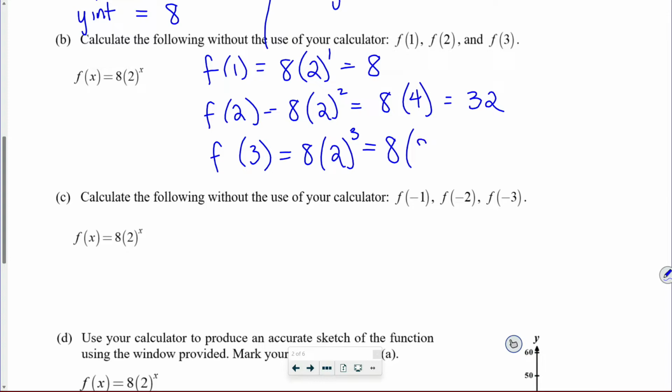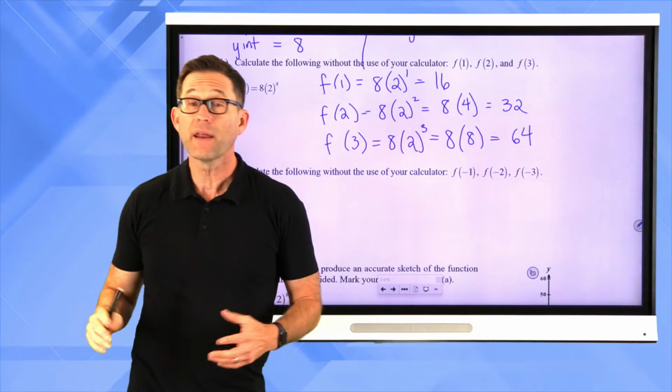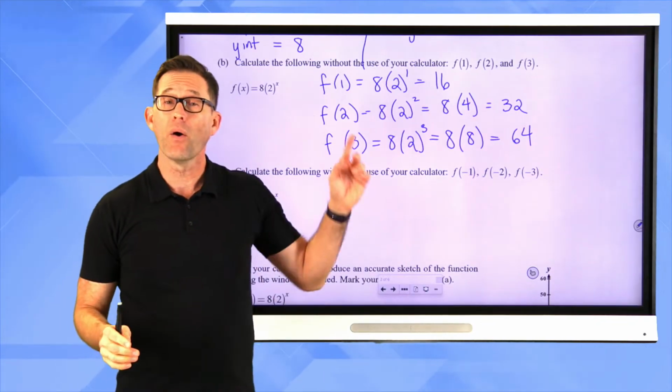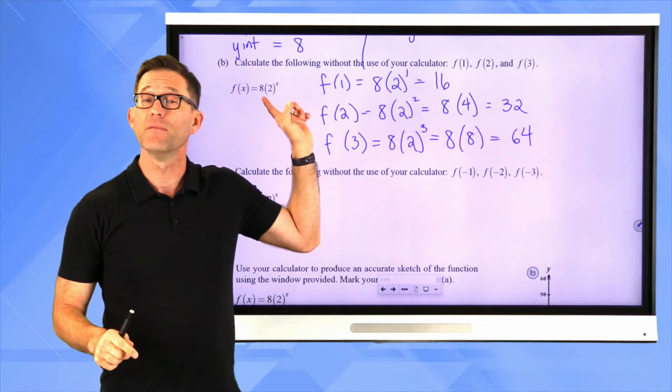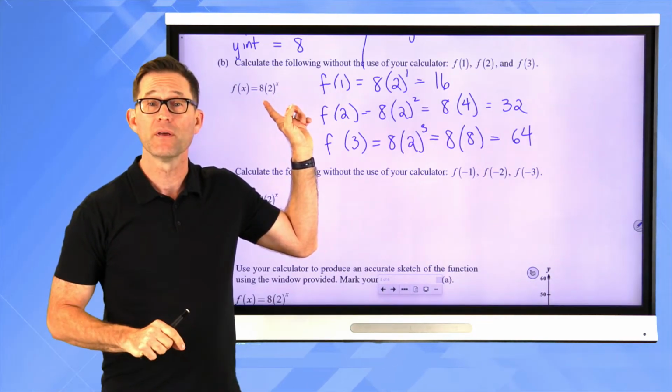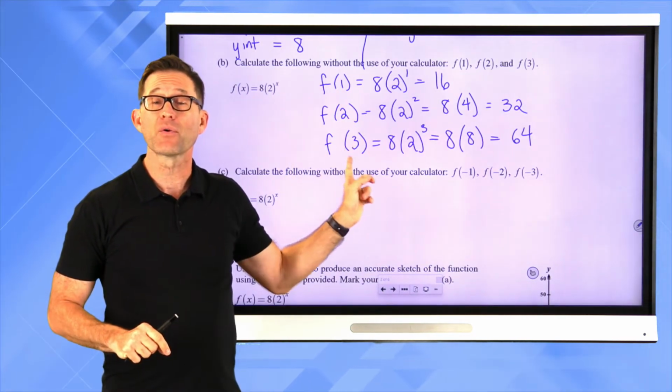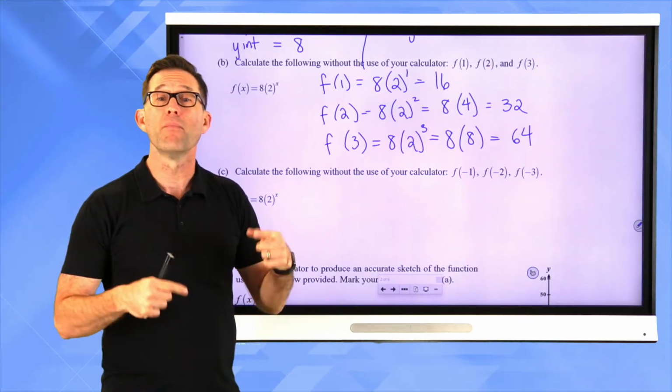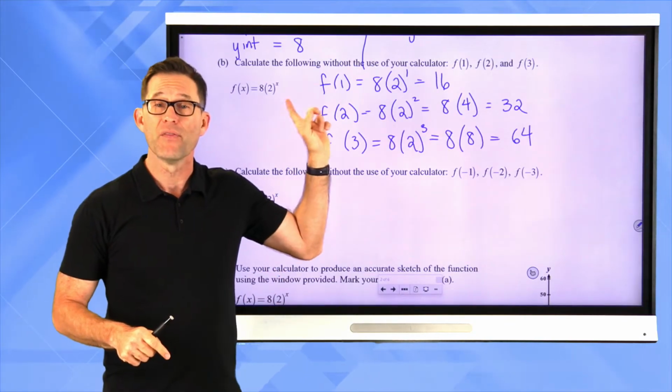That's 8 times 8, and that's 64. Whoops, and that shouldn't be 8, that should be 16. Something doesn't seem right here. Again, notice what I'm saying. We always are starting with that original number, that y-intercept, and every time we're increasing x by 1 unit, we are multiplying by the base that many times.